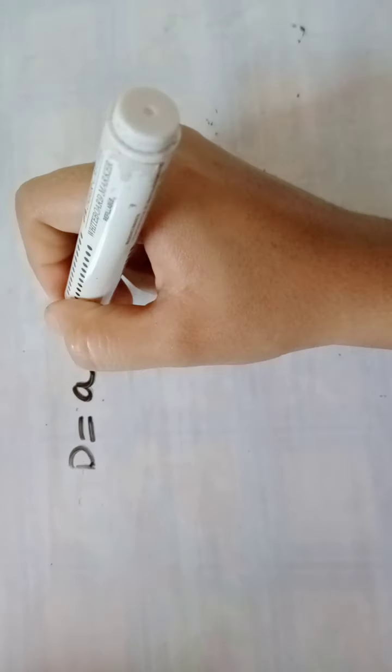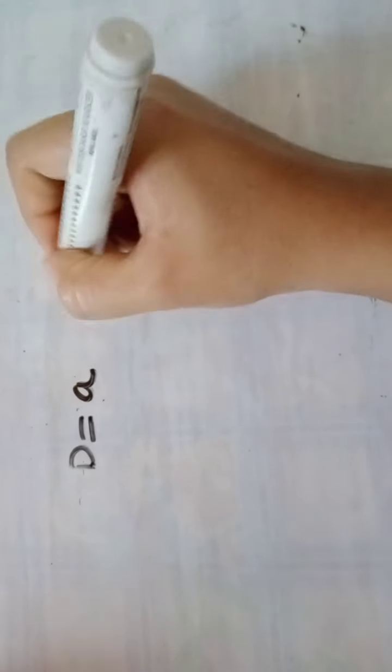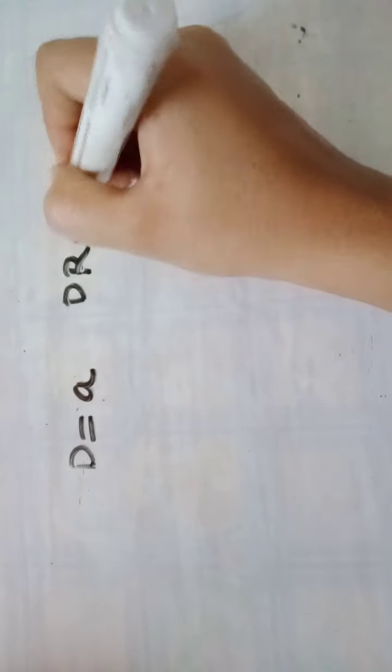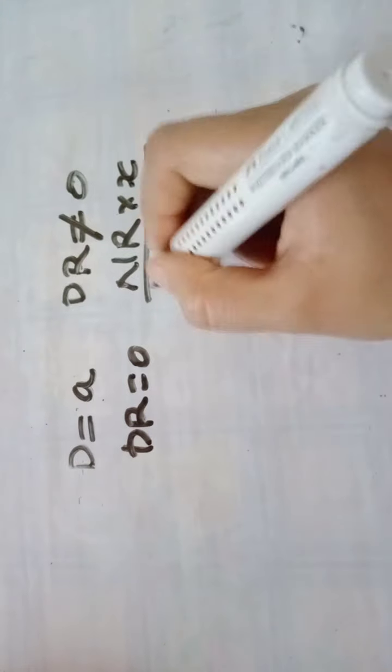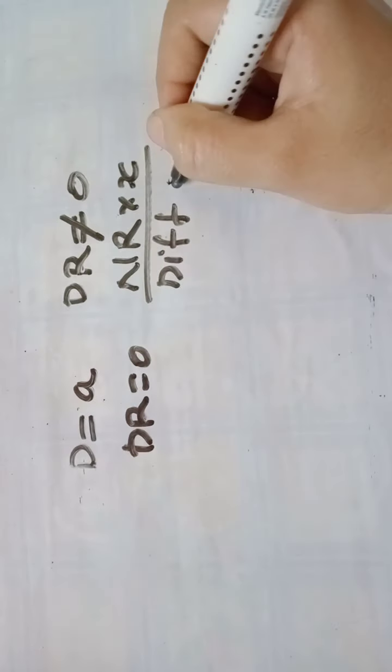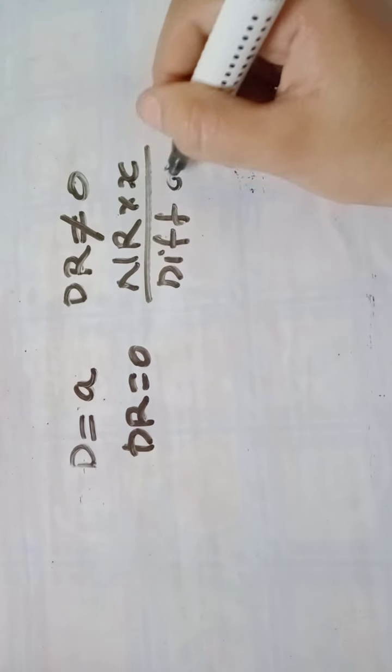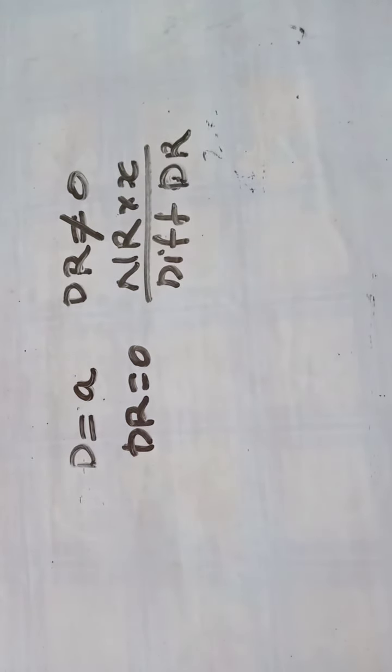We put D equal to a, such that the denominator is not equal to 0. If the denominator is equal to 0, multiply the numerator with x and differentiate the denominator. This is the method.